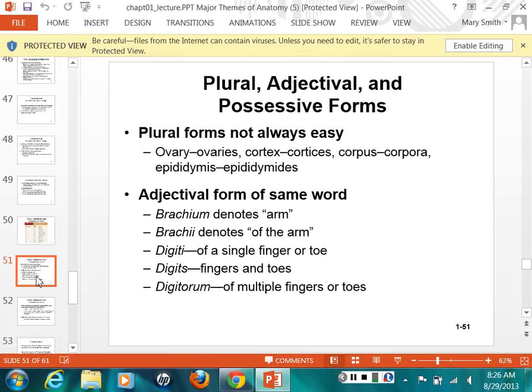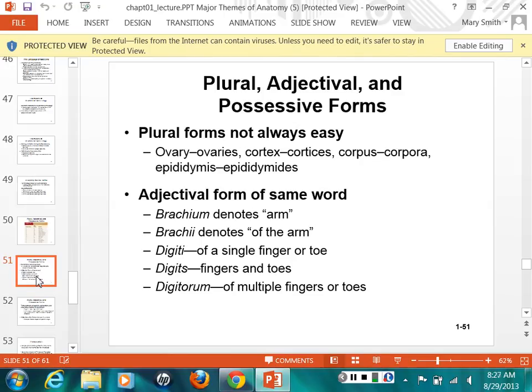So going back to chapter 1. So it looks like everybody in here has done it. Let's look at that. Plural, adjectival, and possessive forms on page 21.